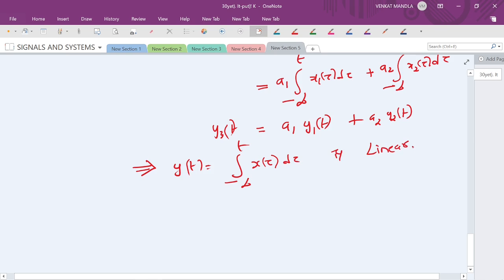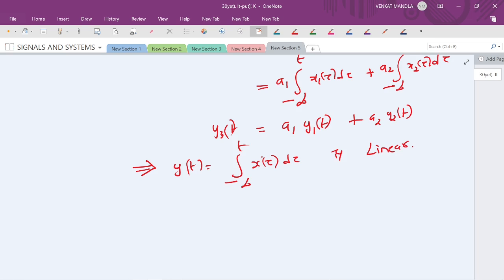Whenever you find an integration or differentiation operator, the system is linear, unless there is an operation on x itself. There should not be x square, x cube, root x, sin x, this kind of thing. So this is a linear system.